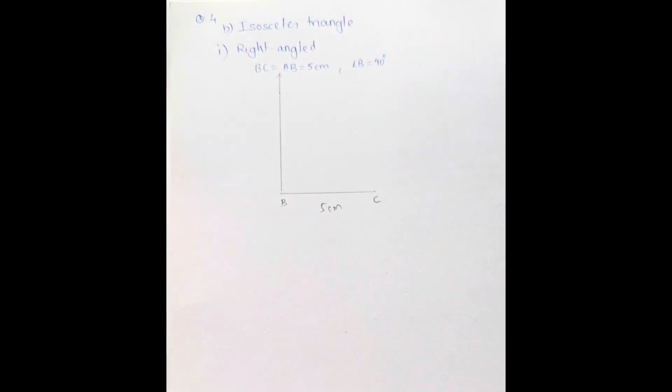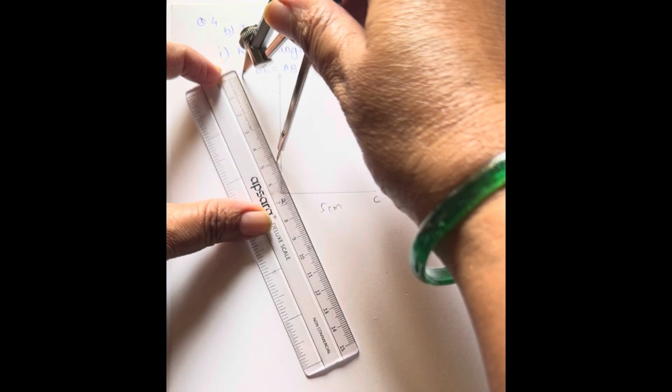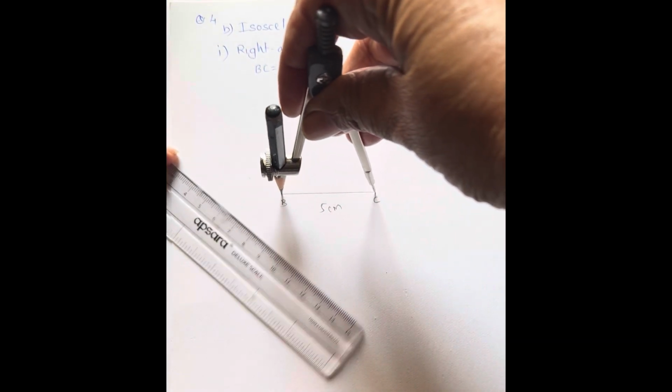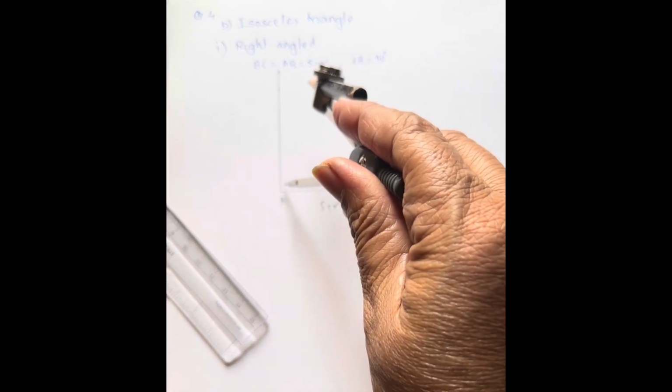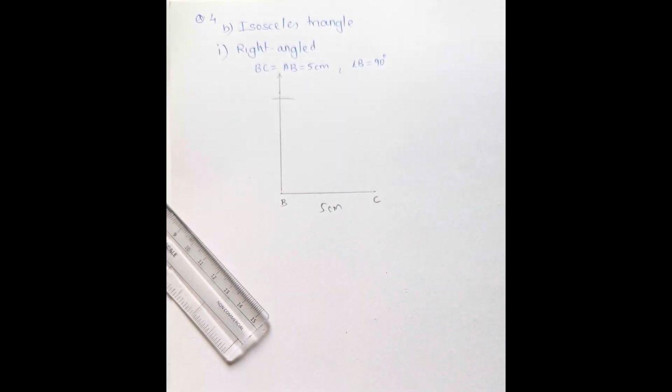We draw a ray because with this we need as 5 centimeter, right? So we use a compass. This is already 5, so we can use that. And we cut an arc over here. So it's an isosceles triangle, so we need two sides equal.